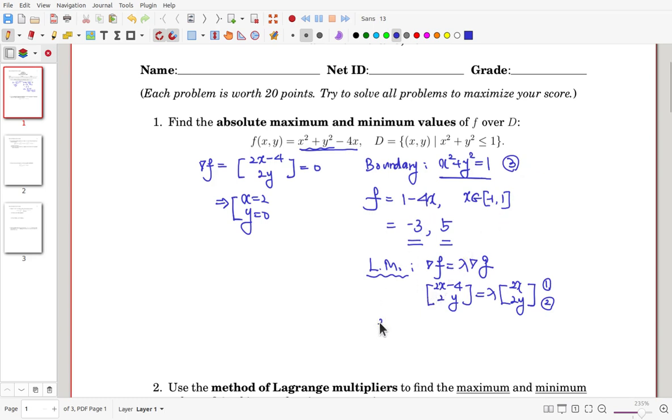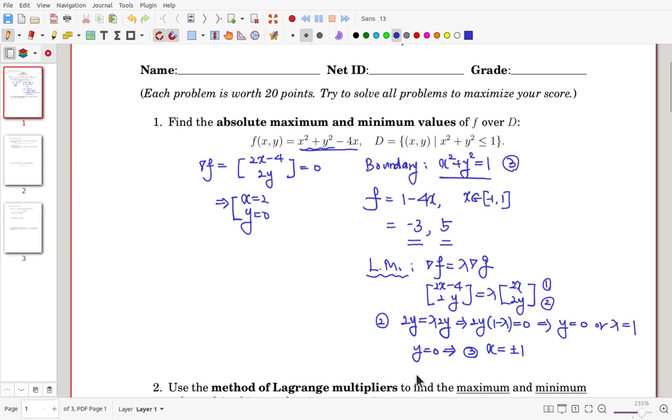Now, from equation 2, there's 2y equals lambda 2y. If we move this to the other side, then 2y times 1 minus lambda equals 0, which means that y equals 0 or lambda equals 1. Now, y equals 0, then from equation 3, x must be plus minus 1, since y is 0, so x squared is 1.